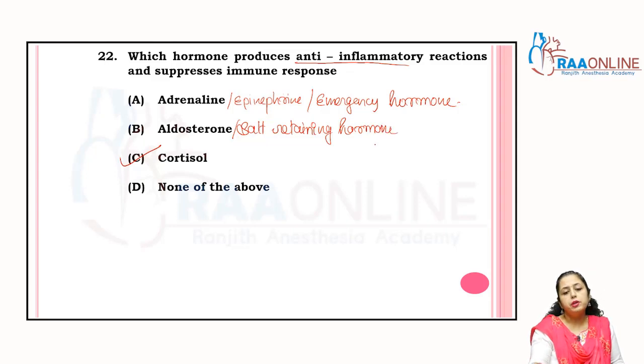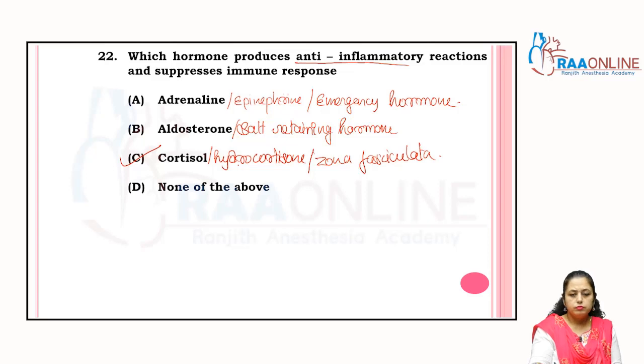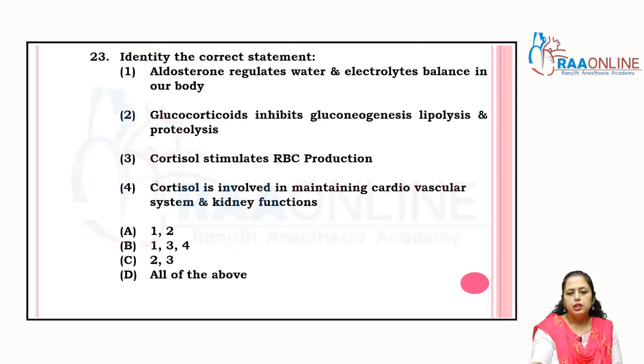And it is a type of mineralocorticoid. Cortisol is hydrocortisone, right? Cortisol is hydrocortisone, and it is secreted by the zona fasciculata of the adrenal cortex region, right? Now come to the next one.